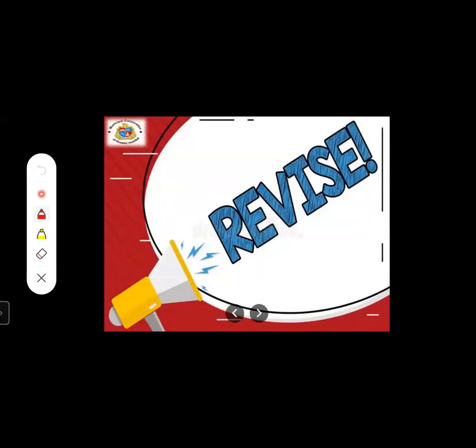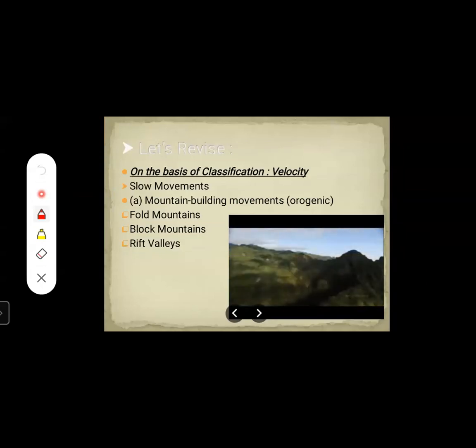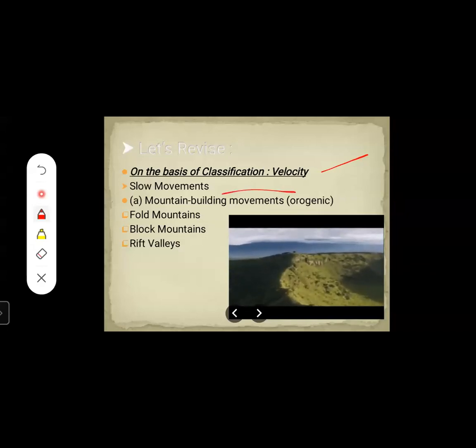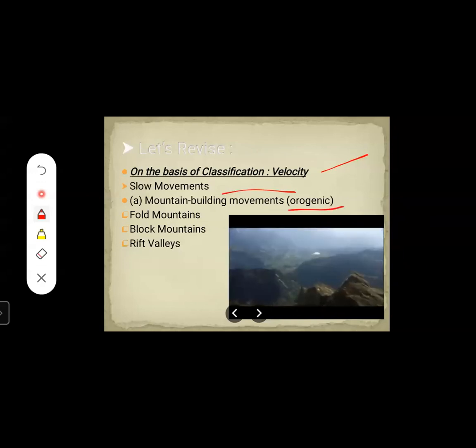Now what we have studied today, we'll just focus on it. On the basis of classification on the velocity, we have studied the slow movements. In that slow movement, the first point was mountain building movement, that is orogenic.